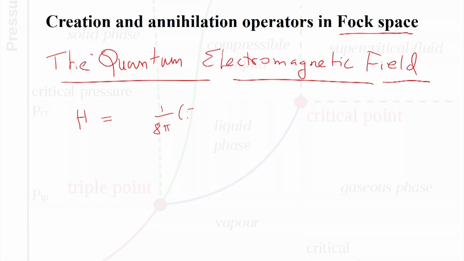So, we know that the energy density of the electromagnetic field in CGS units is writable in this fashion. This is the square of the electric field plus the square of the magnetic field, because E and B have the same units. So, I am going to simply add the squares, and then divide by 8 pi, which comes from examining the continuity equation.